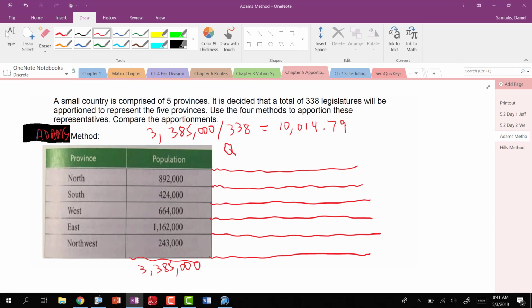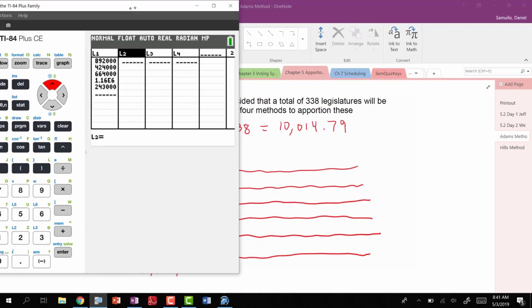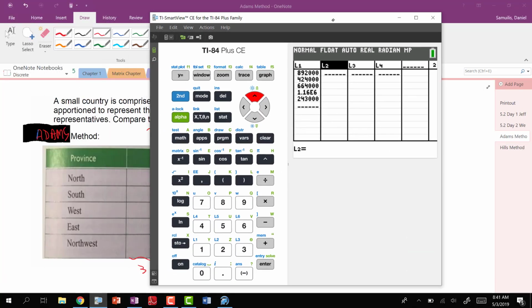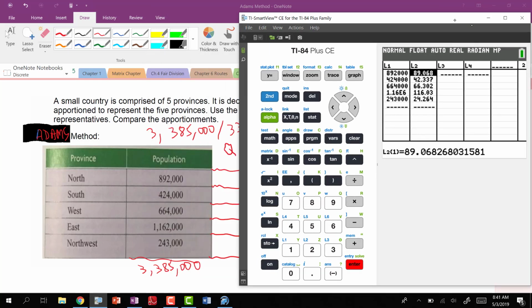I move into L2. Again, this is teaching those that still don't know how to do this. We're going to divide L1 by 10,014.79. Okay, good. Enter.